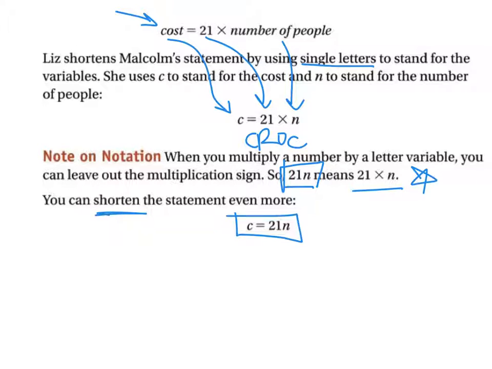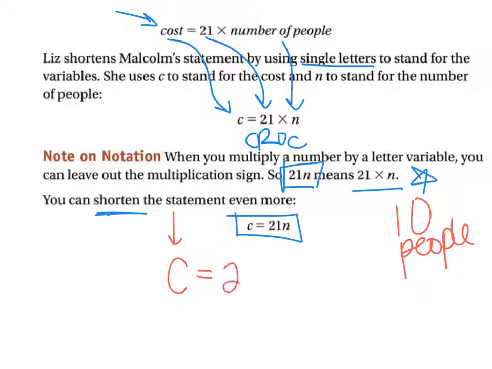And this just means that if we gave you the number of people, or n, and we said that we wanted to figure out the cost for 10 people, all you would do is fill out your equation because you're still finding cost. So C would be equal to 21 times 10.